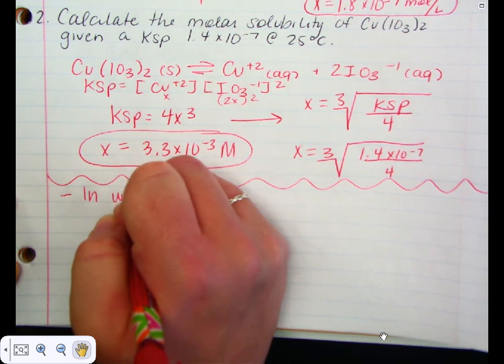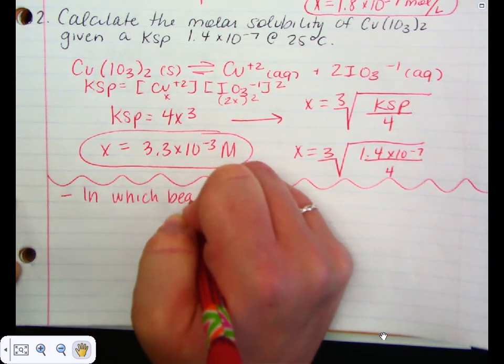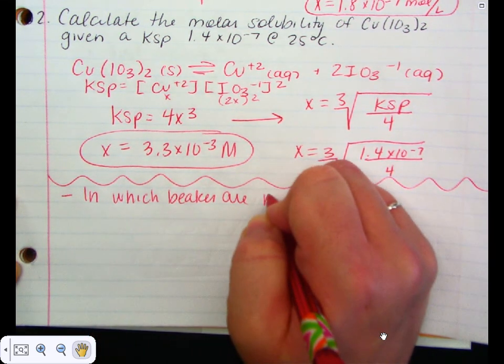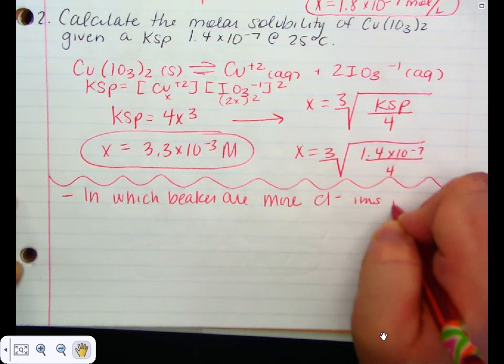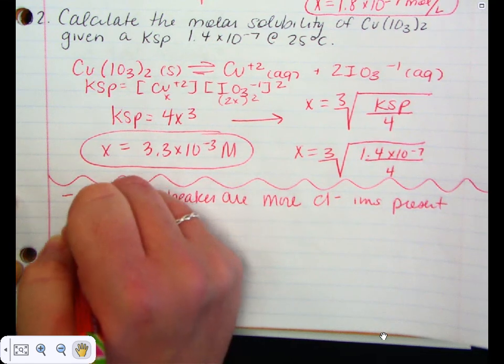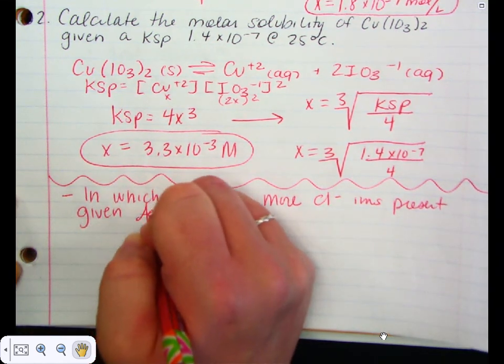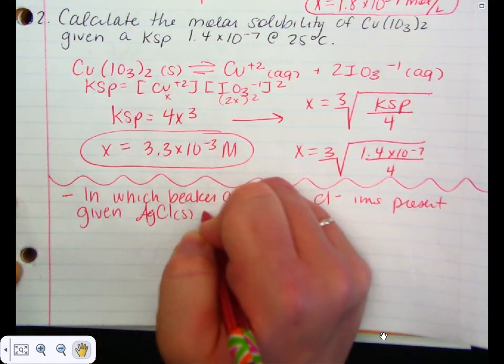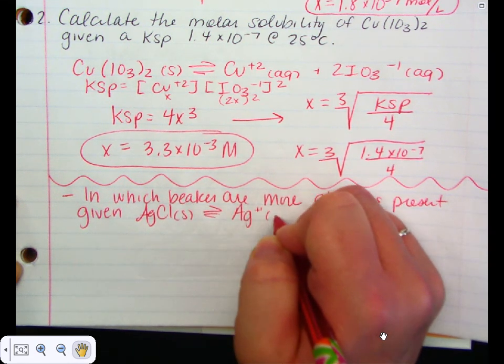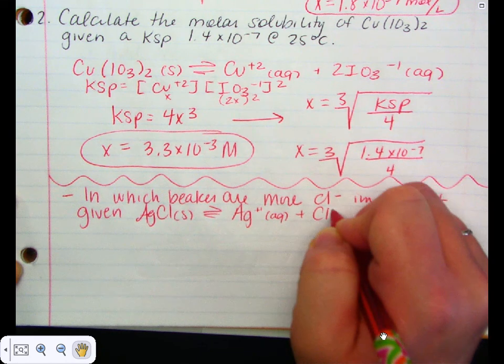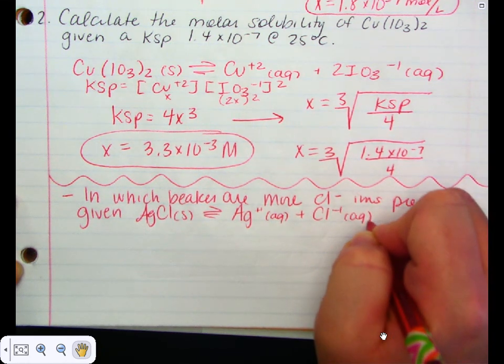In which beaker are more Cl- ions present, given AgCl solid is going to produce, you guessed it, Ag+ aqueous plus Cl- aqueous.